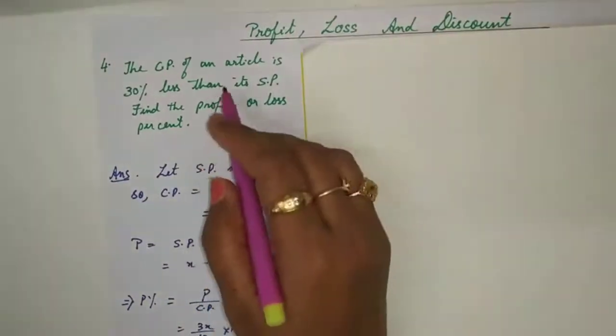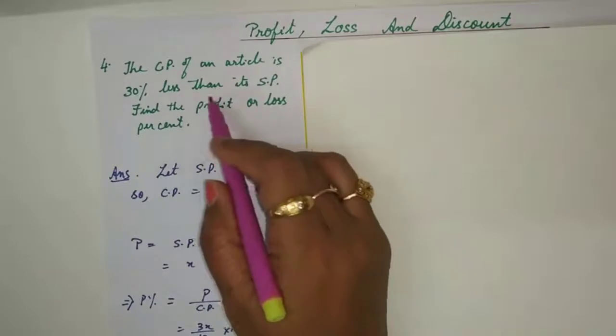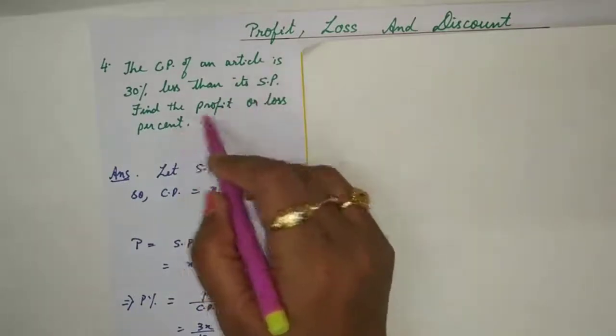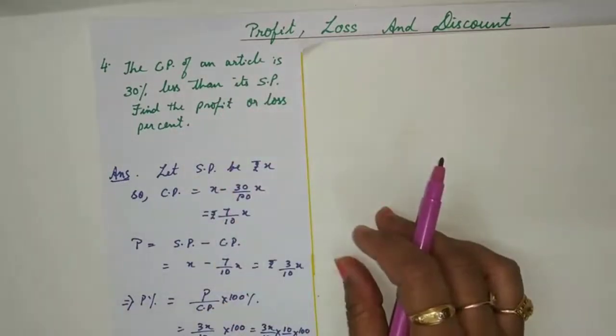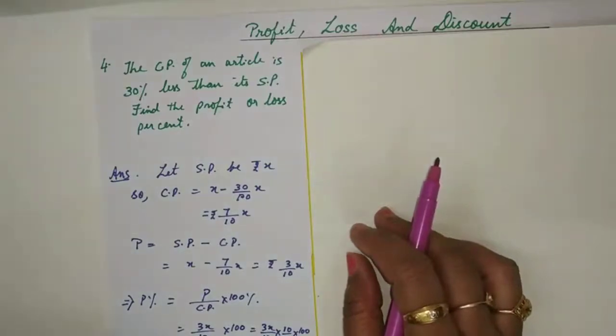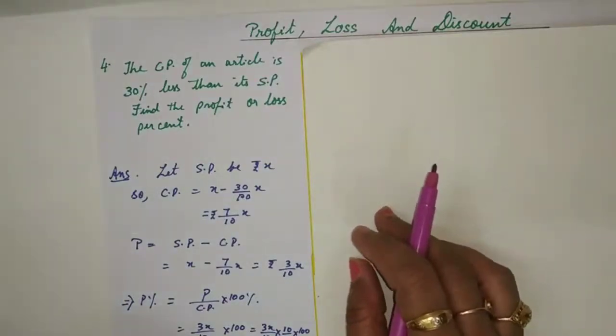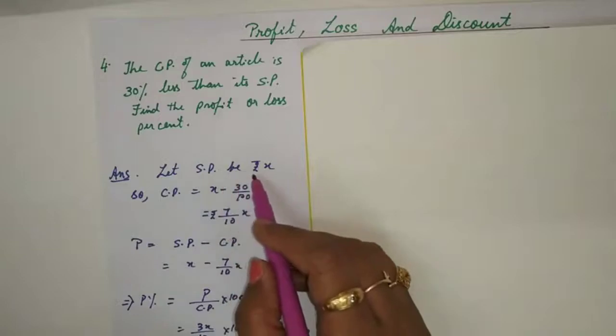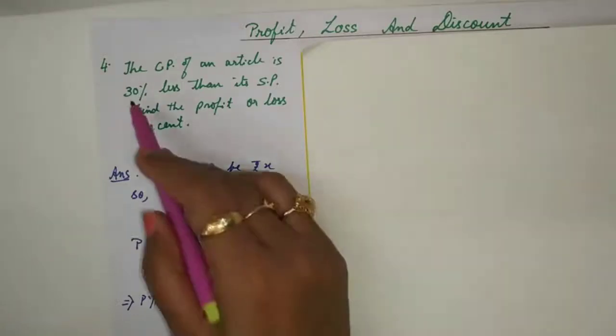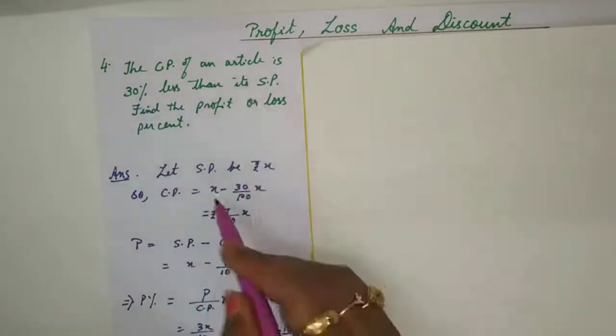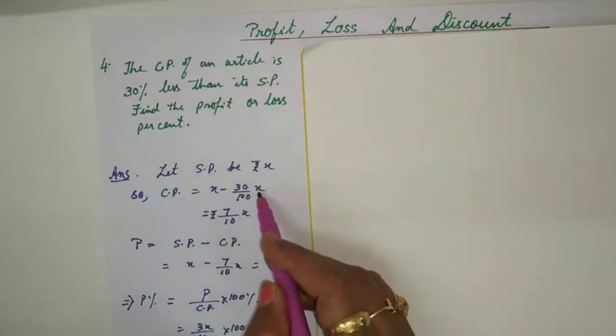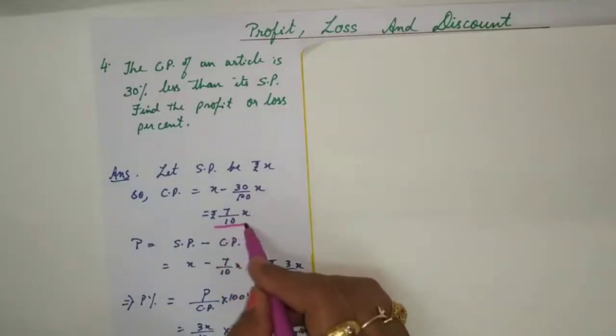The CP of an article is 30% less than its SP. Find the profit or the loss percent. A type almost similar to the one which we did just now. Here we assume again SP to be rupees X. So our CP is 30% less, X minus 30 by 100X, and we get it as 7X by 10.